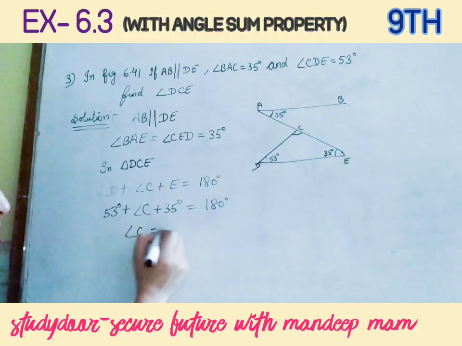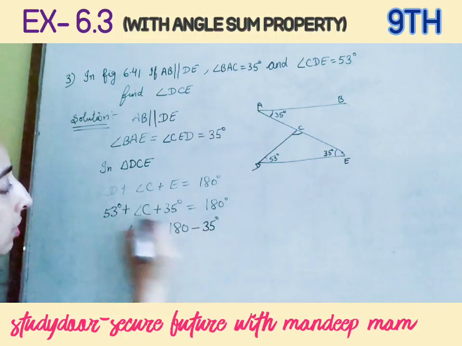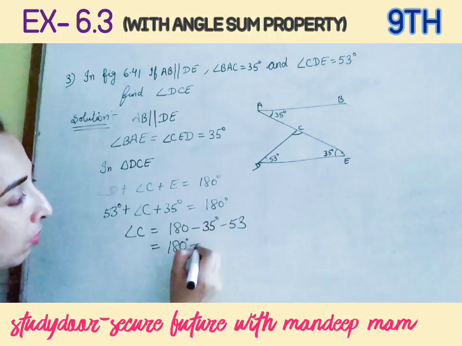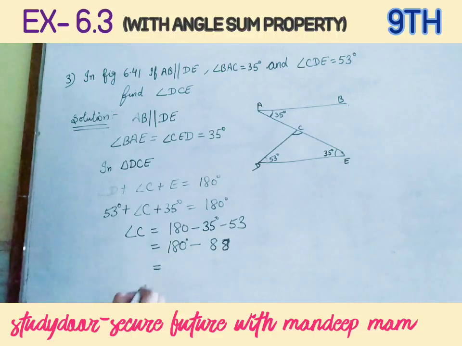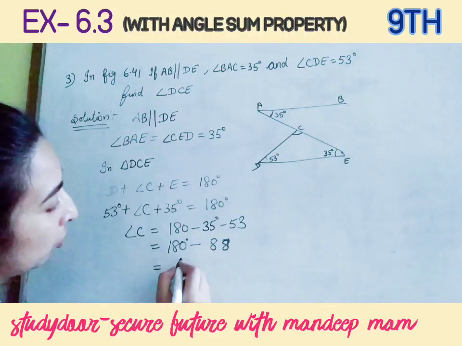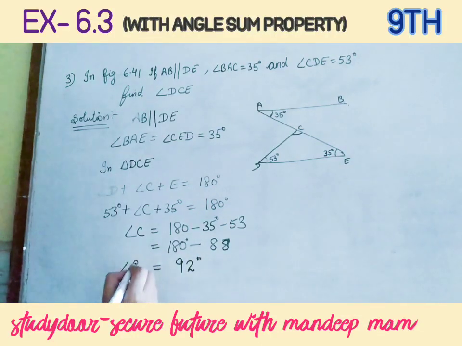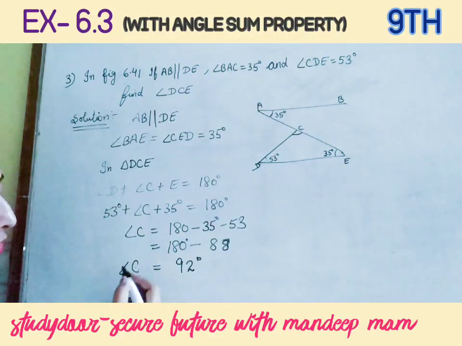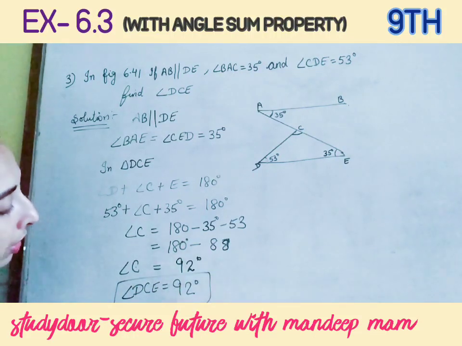So angle C will be 180 minus 35 minus 53, that is 180 degrees minus 88. 180 minus 88 is equal to 92 degrees. So we find that angle DCE is equal to 92 degrees. That is our answer to this question.